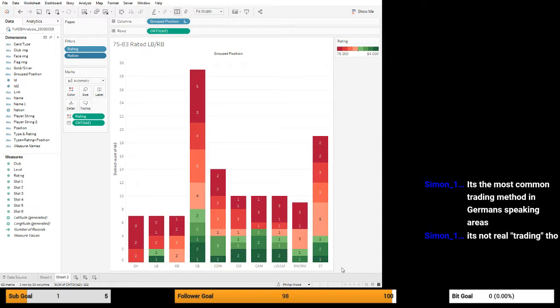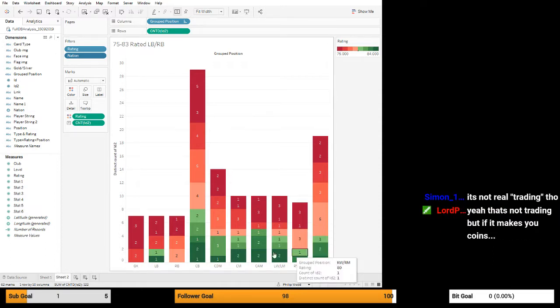When the TOTS cards came out, he bought loads of the UCL cards that looked very similar in design, and people were just buying them incorrectly, and he was making tons of coins from it. Just purely because people were trying to snipe really early when they see bargains. Yeah, exactly. Profit is profit.